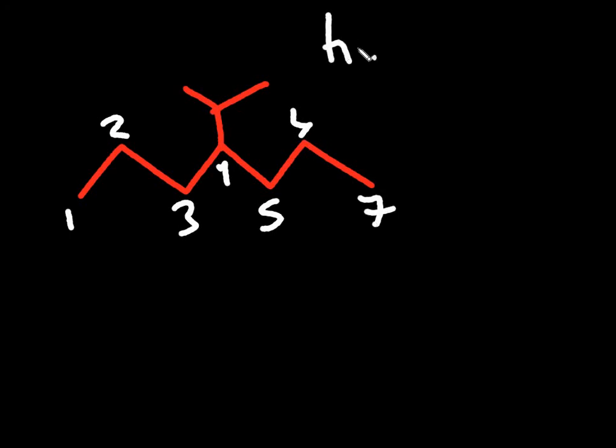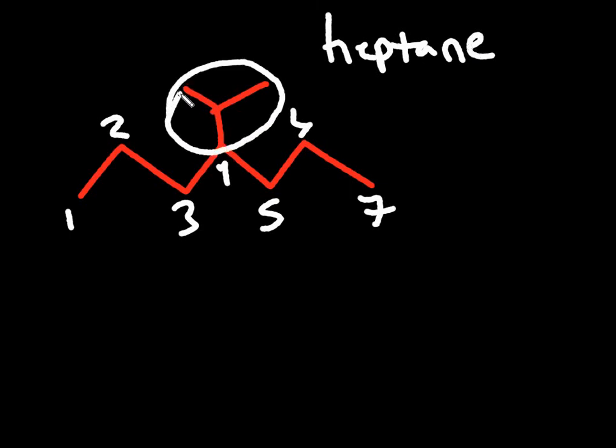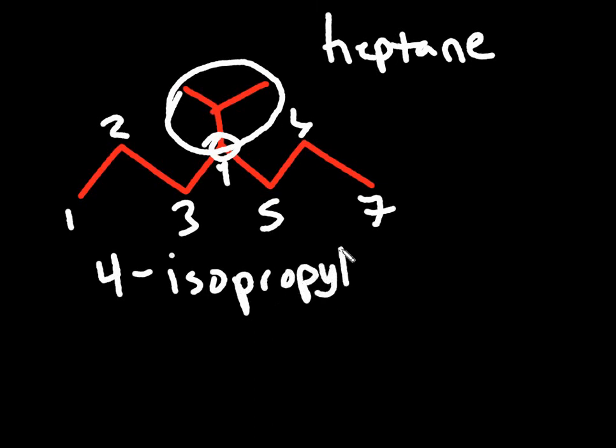So we know it is heptane. And what is this substituent here? We went over this. It's your little memorization that I told you guys about. It's isopropyl. And it's on the 4th carbon here. So this would be called 4-isopropylheptane.